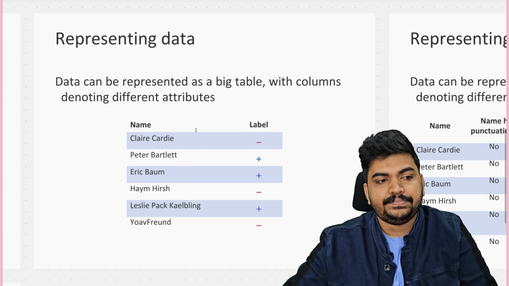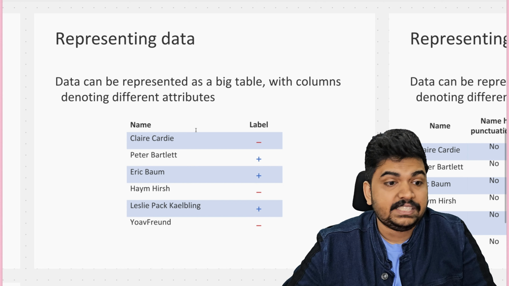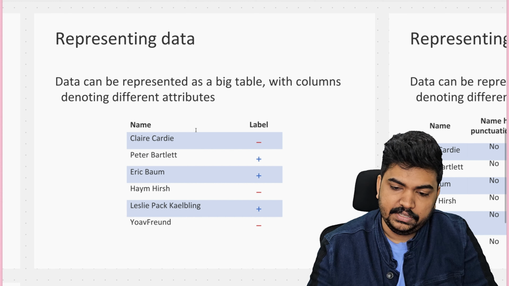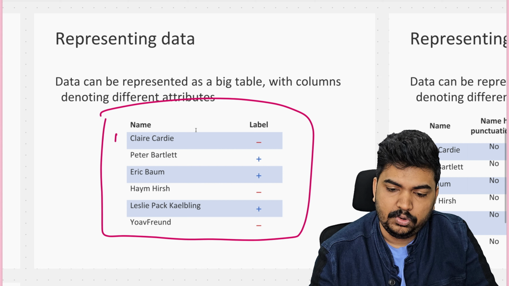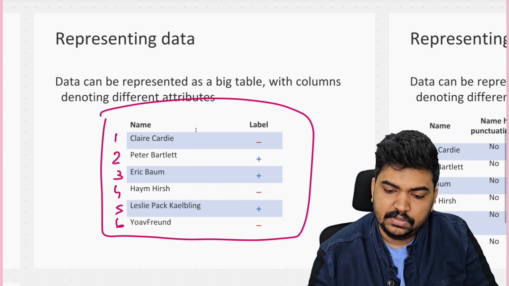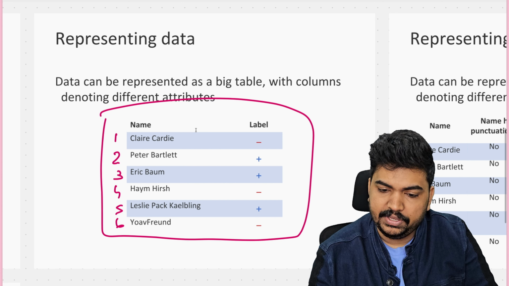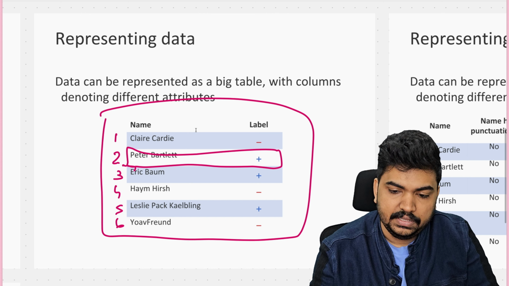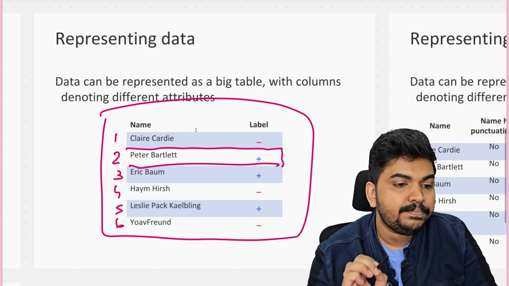Representing data. We can definitely represent our data as a big table. If we see the table shown here, you can see that there are 6 rows: 1, 2, 3, 4, 5, 6. Let's say the second row is this one, where we have the name of a person, Peter Bartlett, and a label which happens to be the plus sign, or the positive label.